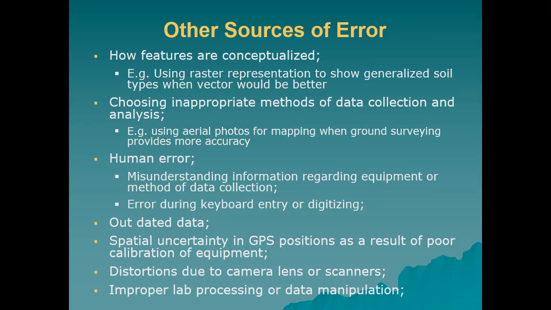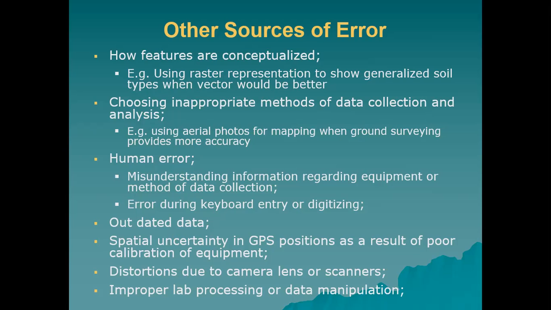Spatial uncertainty in your GPS positions, your global positioning systems, equipment may produce poor results if the equipment is not properly calibrated. This is a very common problem. You must have proper calibration of the equipment.